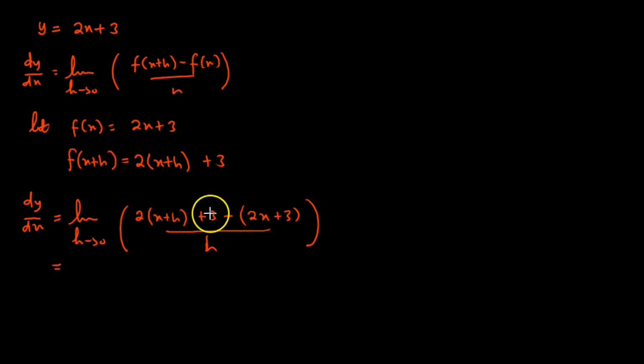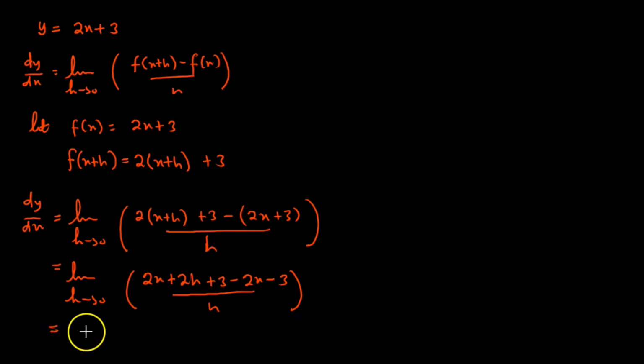Because at the moment, if you don't simplify and you substitute the value of h as 0, the whole statement becomes undefined. Hence, to simplify, we have limit as h approaches 0 for 2x plus 2h plus 3 minus 2x minus 3 all on h.